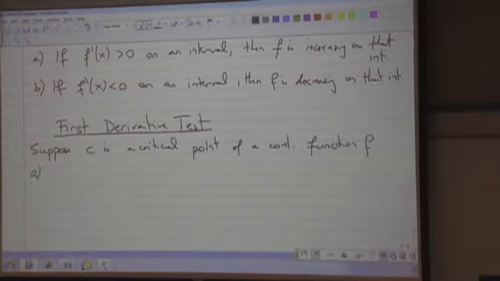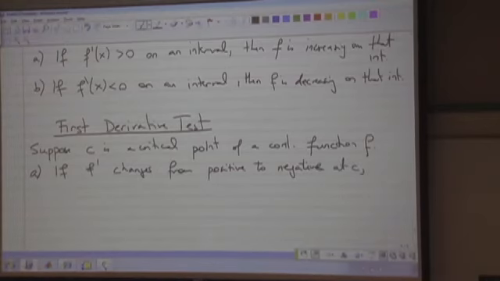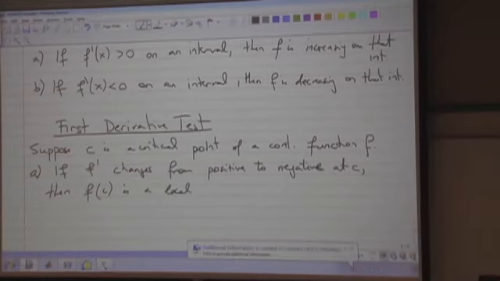Part A says, if f prime changes from positive to negative at C, then f of C is a local maximum.